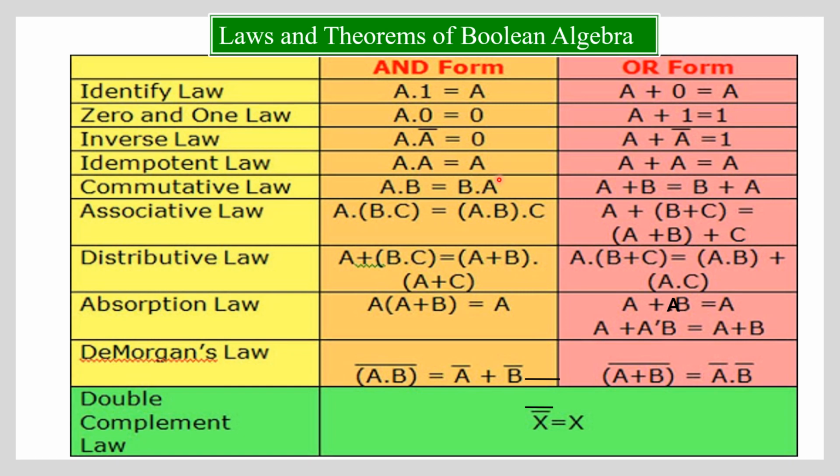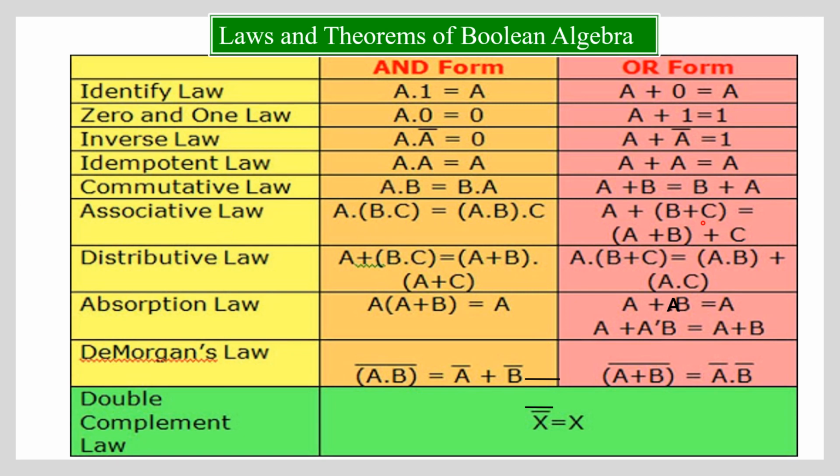So A into A is A, and A plus A is A. Now commutative law, A into B is equals to B into A. So if you are changing the order, it doesn't matter. A plus B, yeah, B plus A, that is equals to. Associative law, associative, it associates. So A into BC, so it is A into B into C.